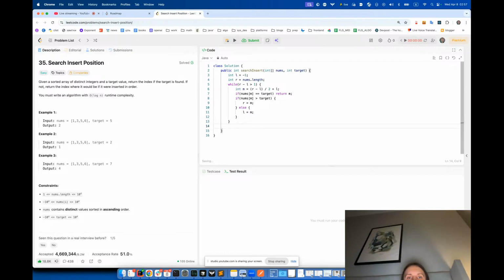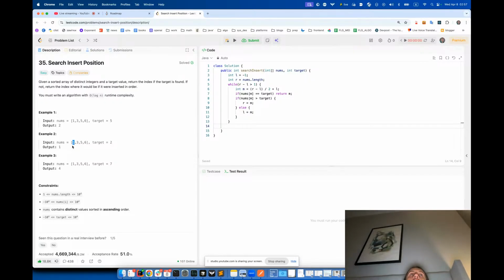Okay, so here, for example, when we are on 2, first we find 3, and we move the pointer here to 3. Then we find 1, and we move our left.